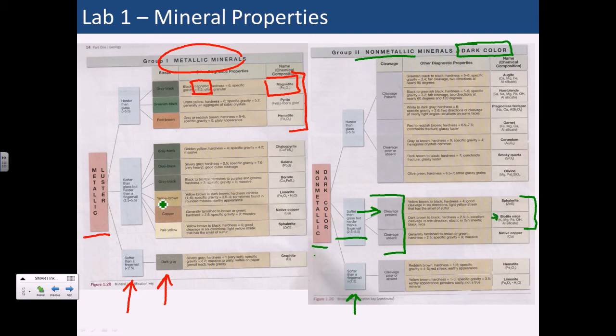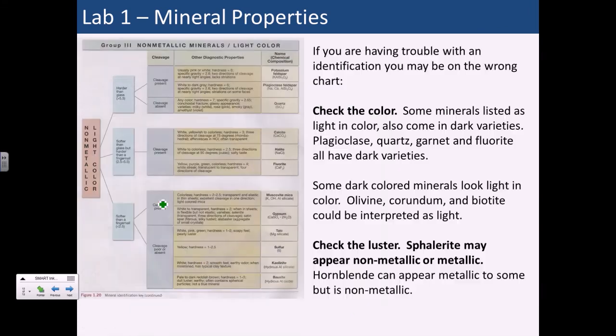It's got one perfect cleavage, which is very easy to identify, or we have a mineral that has a smell like sulfur, it has a light brown streak, and it has 6 good cleavage directions that you could find. So either one, depending on what you had, if we had just one cleavage, we'd be in this zone here for biotite. Okay, so that's how you use that chart.